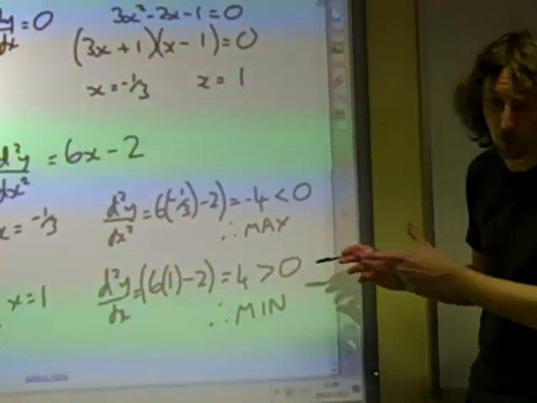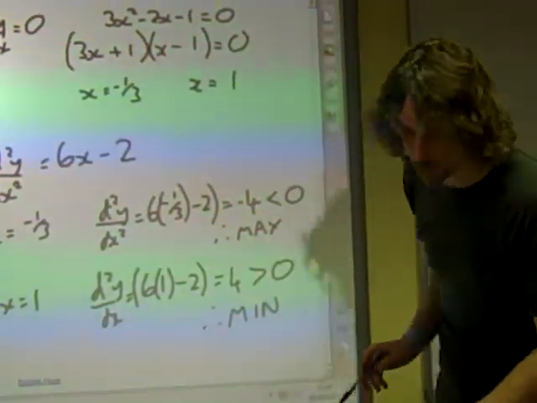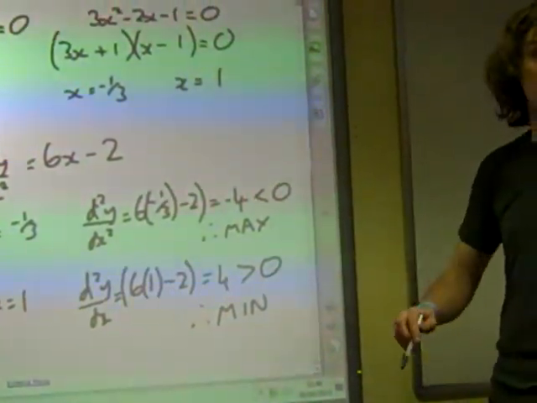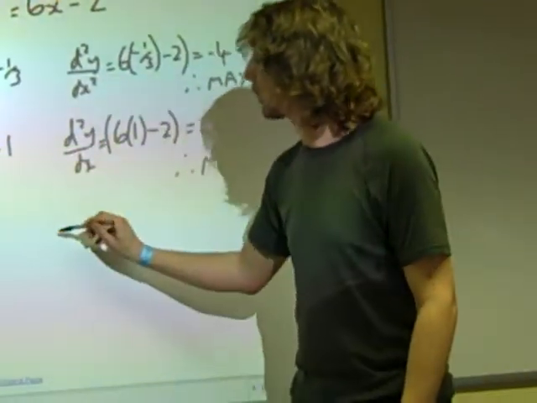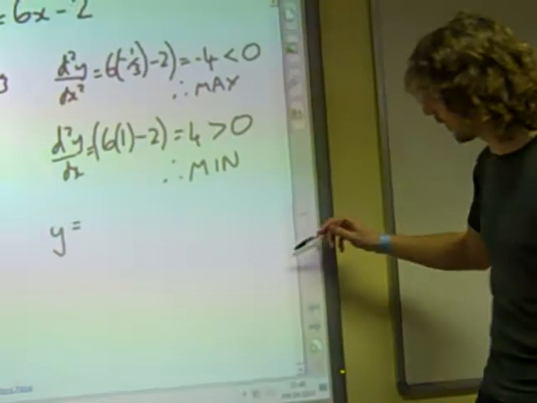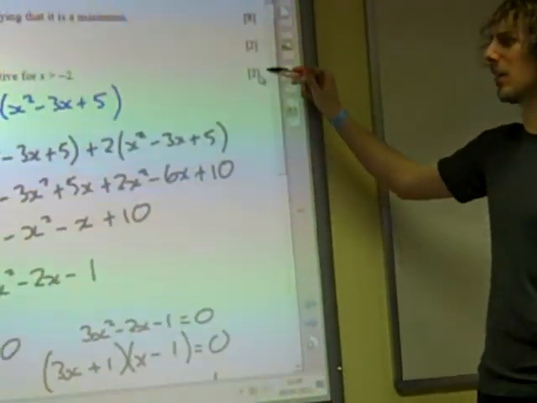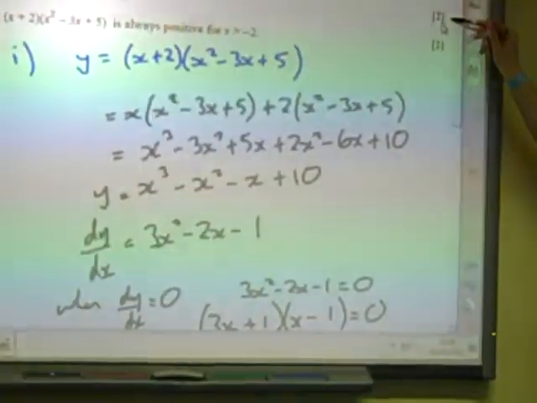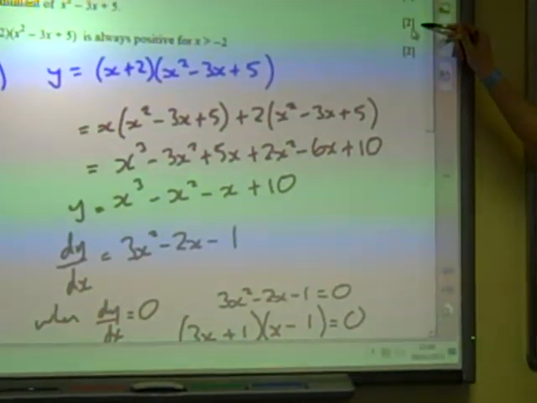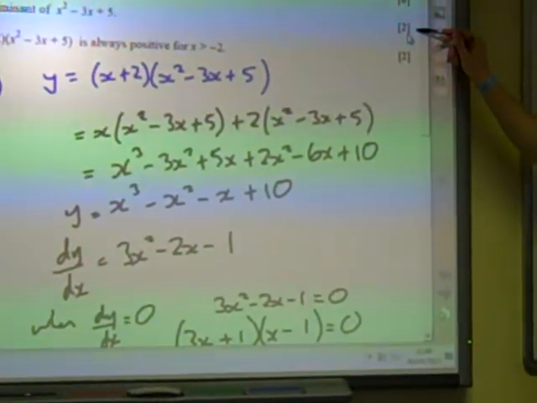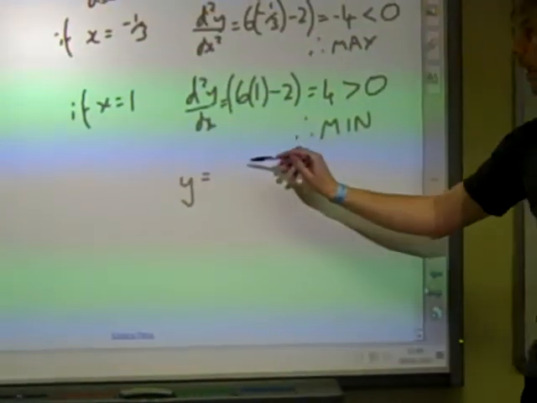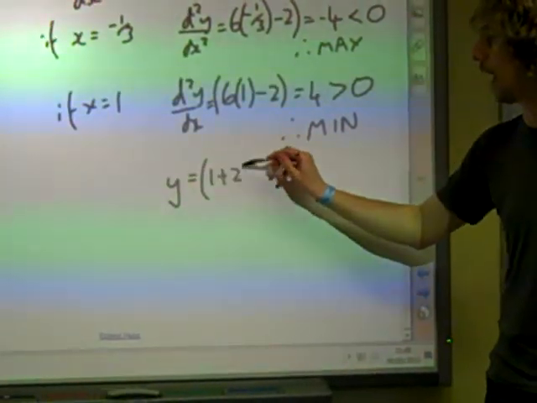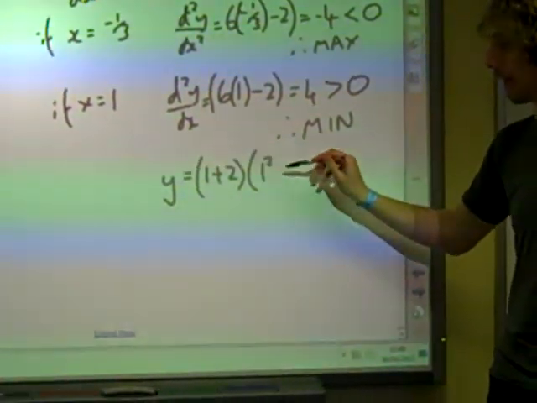But we need to find the coordinates. It did say find the coordinates, so we need to find the y value that goes with it. And we could use either version, couldn't we? The original equation or our multiplied out version. Doesn't really matter, does it? Subbing 1, we've got 1 plus 2 there, and then we've got 1 squared.